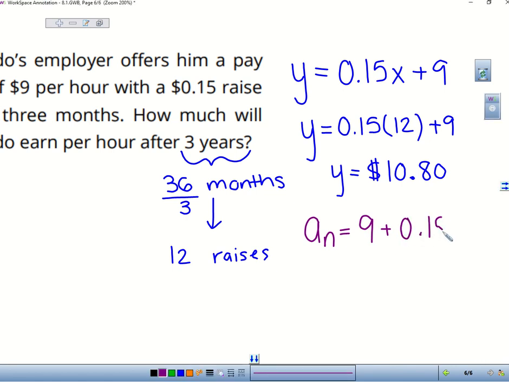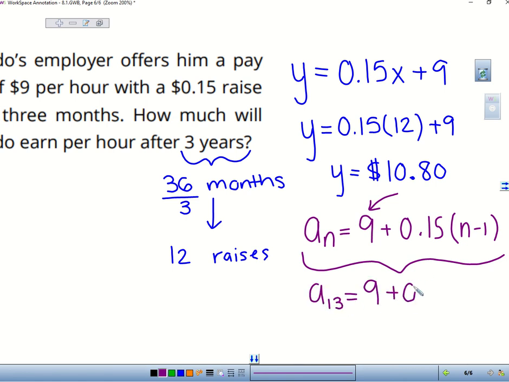Good, 0.15 times n minus 1. Now what you would plug in for n if you do it this way would be a little bit different. N is going to be the number of raises that you have. So in this case, we said that 3 years is going to be 12 raises, but you're already starting at 9. So technically, if you're going to use this model, you're going to be plugging 13 in for n.